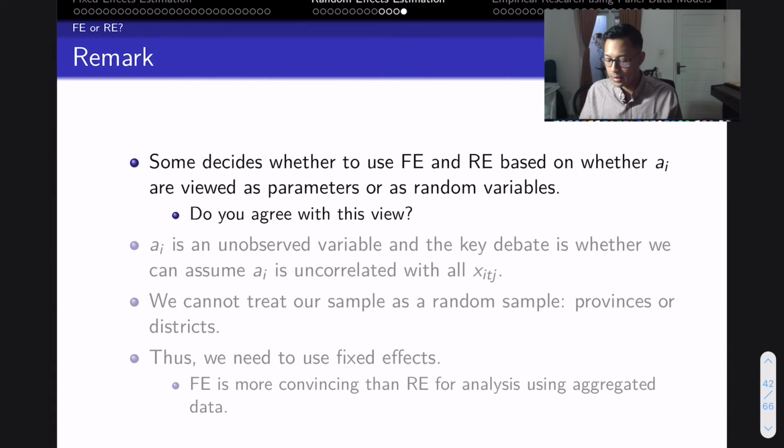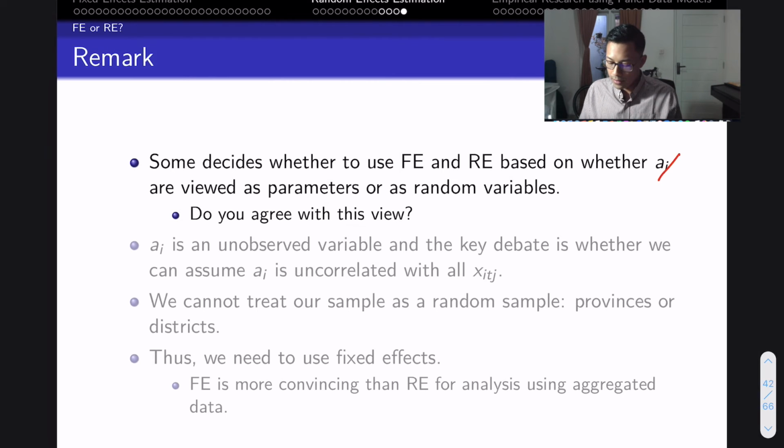So the choice between fixed effect and random effect is not based on whether a_i is a parameter or random variable. We have to look at what the unobserved behavior is that could be reflected in this a_i, and that's something we need to take into account in the design.